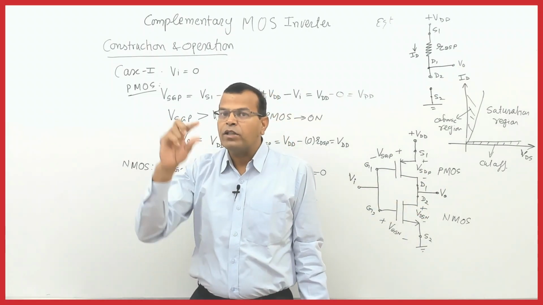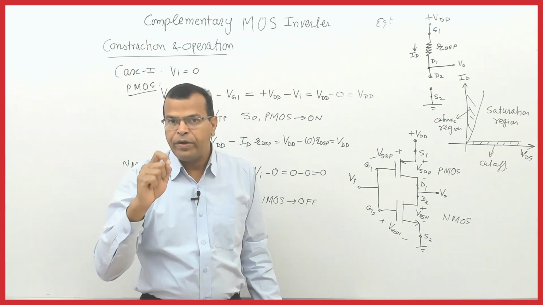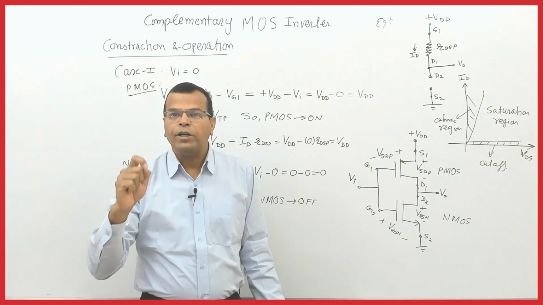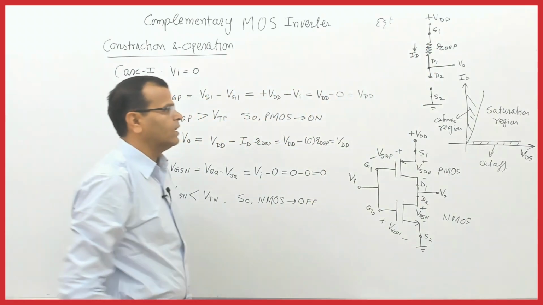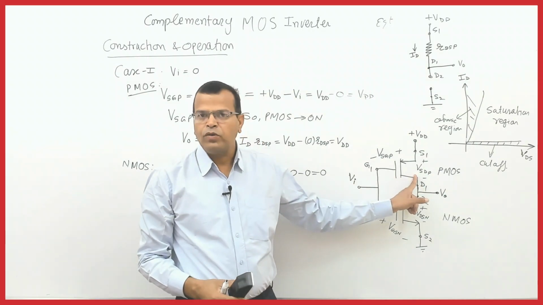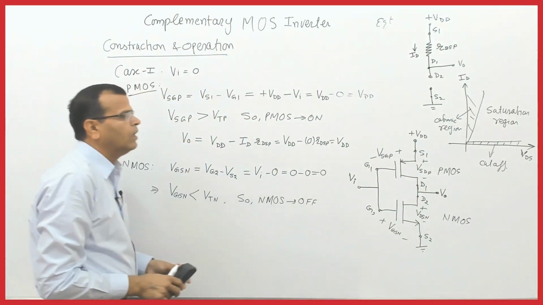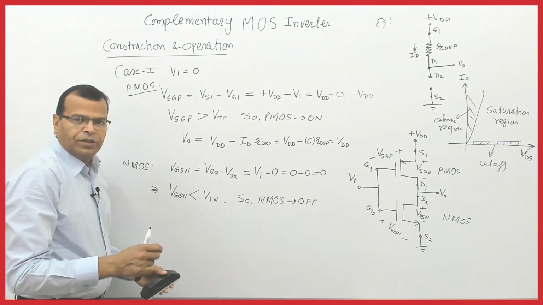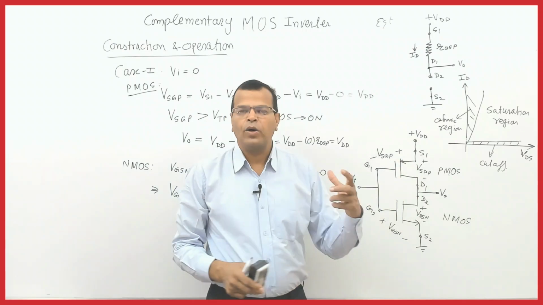Whenever these voltages are small, the device will work in the ohmic region, where it behaves like a closed switch offering a finite resistance. So here in this case, your PMOS works in the ohmic region, NMOS works in the cutoff region. So it is an open switch, it is a closed switch.